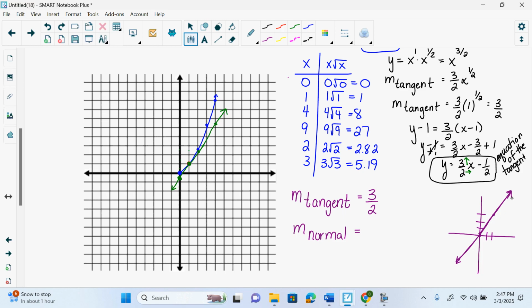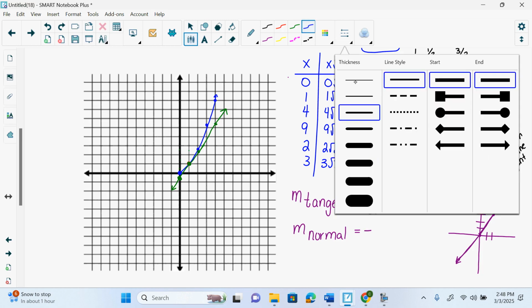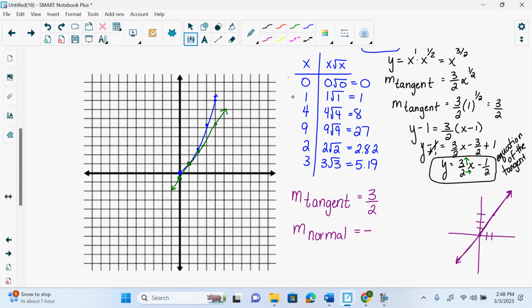So if the tangent is 3/2, the normal is going to be negative 2/3, because I need to make it run the other way. That means I go down 2 and right 3, and it's going to run like this. And that would make a 90, wouldn't it?